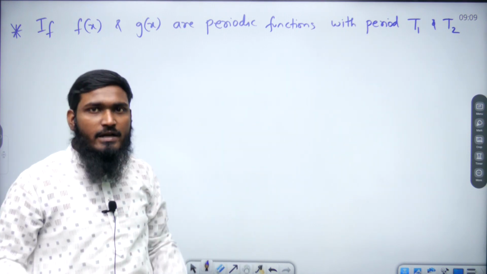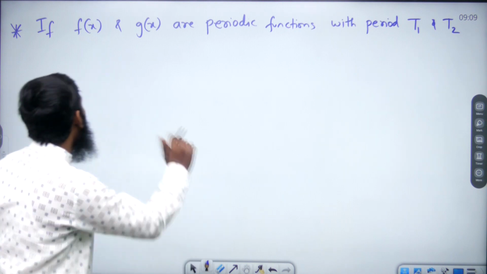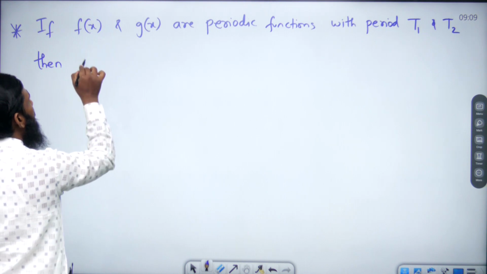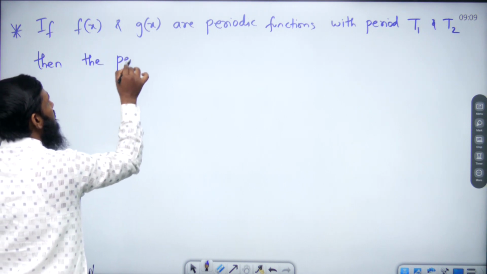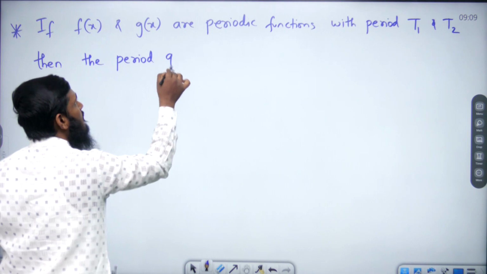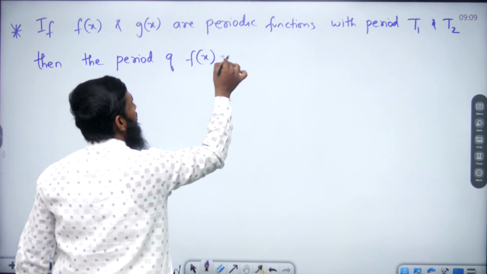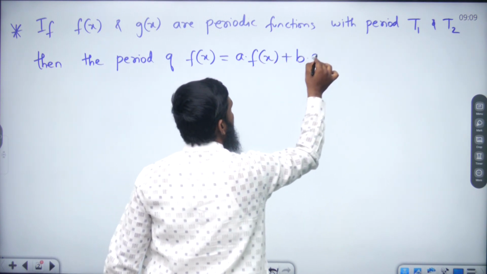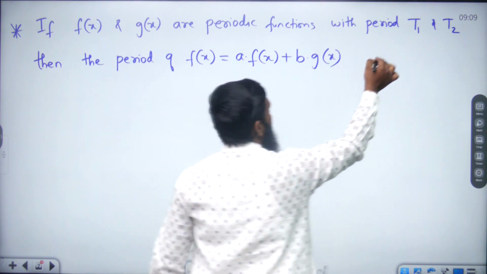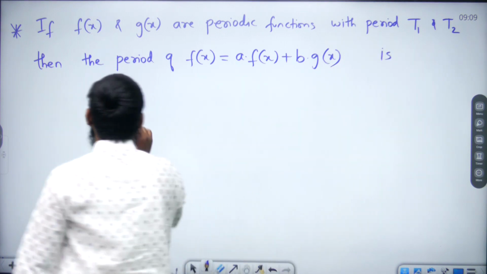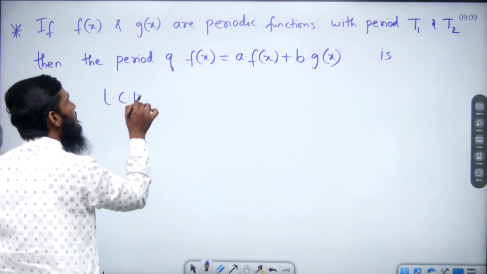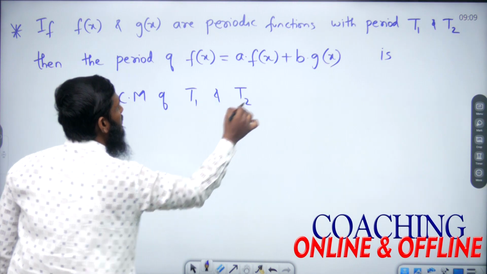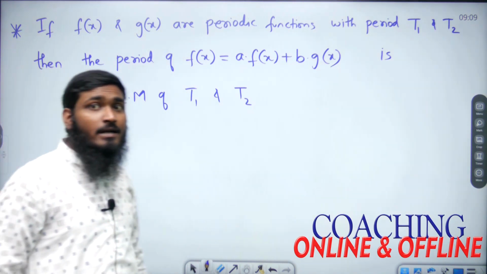Now if you are getting different periods for the functions, then what do we have to do? The period of f of x equals a into f of x plus b into g of x is the LCM of T1 and T2.